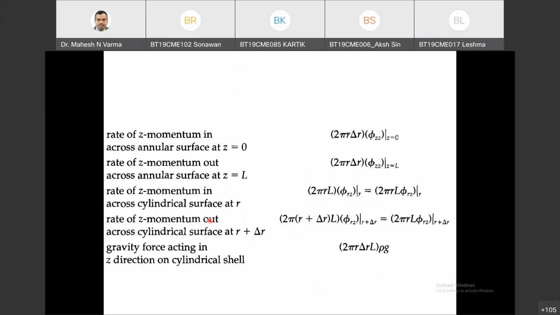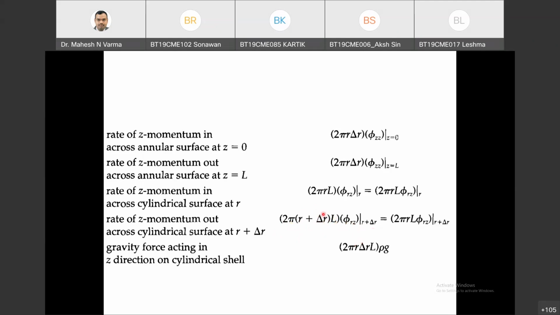Rate of z momentum going out from my differential shell at r plus delta r in r direction. That will be the surface area of the outer surface of the shell. The radius of the outer surface is r plus delta r, so that will be 2 pi (r plus delta r) into L, pi rz at r plus delta r.